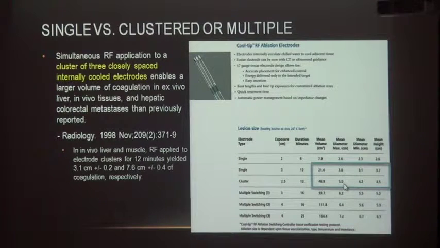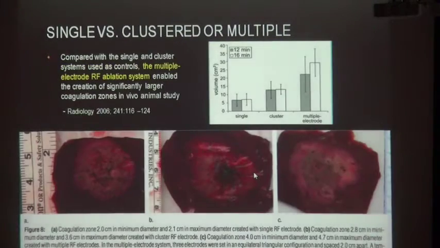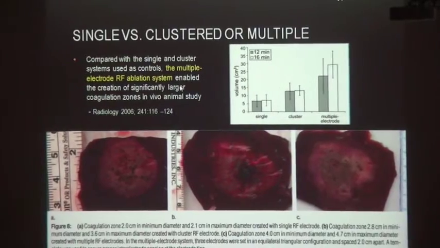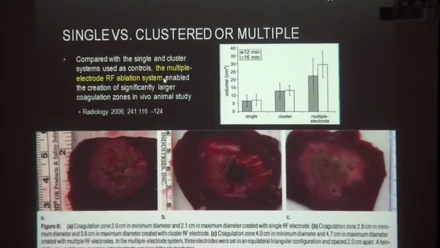This is 1 to 1.5 centimeters larger as compared to the single-electrode RF ablation. And in 2006, this article reported that the multiple electrode RF ablation system enabled the creation of a significantly larger ablation zone in an in vivo animal study.